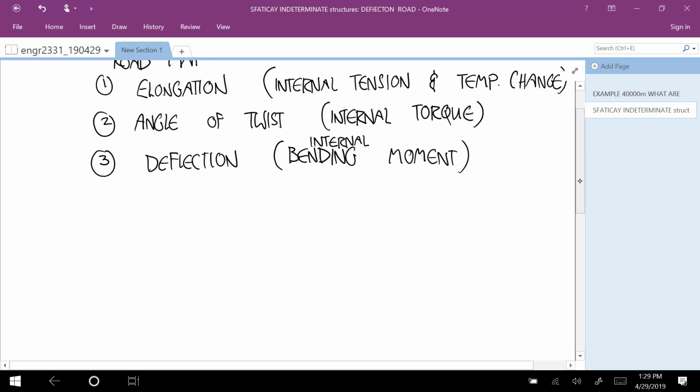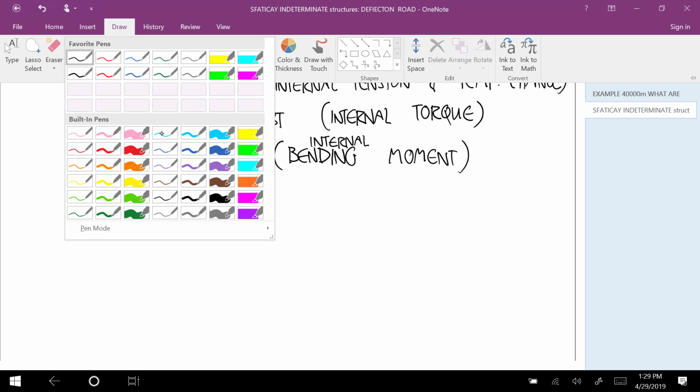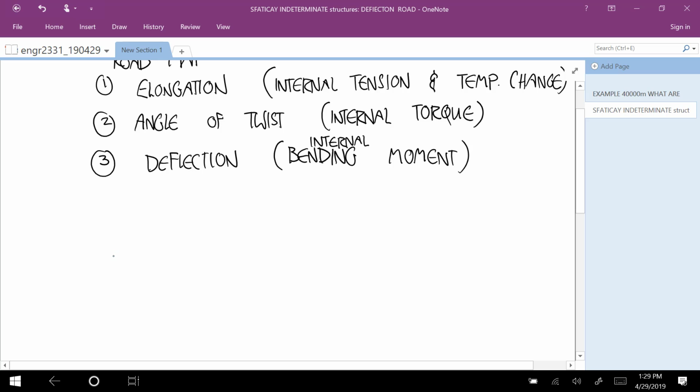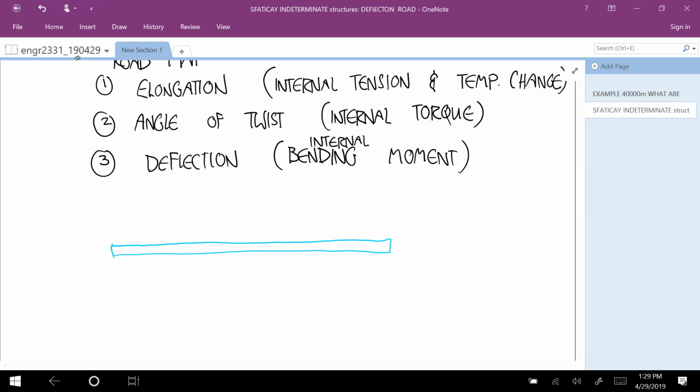So let's imagine that we start out with a beam like this. And then after deformation, you have something that looks like this.